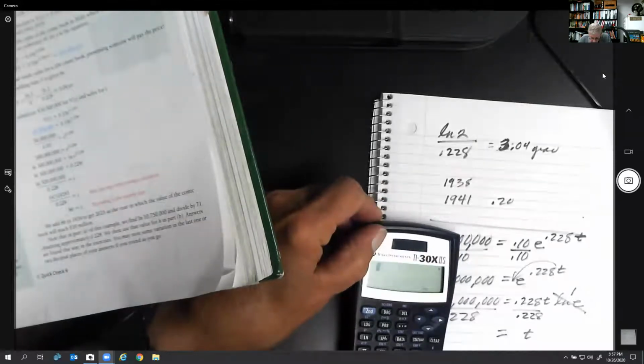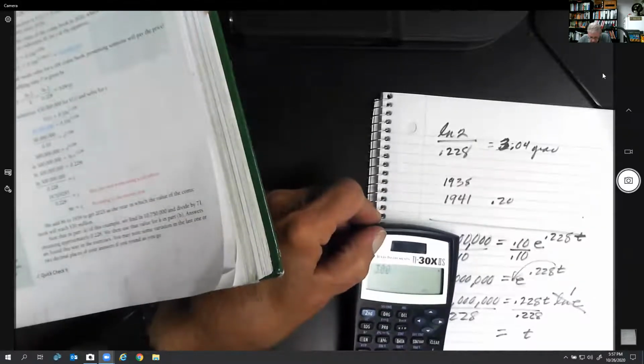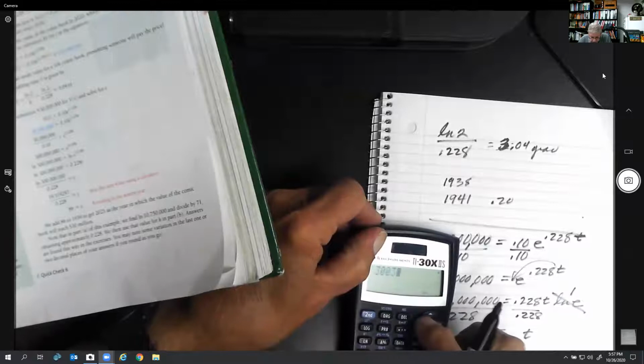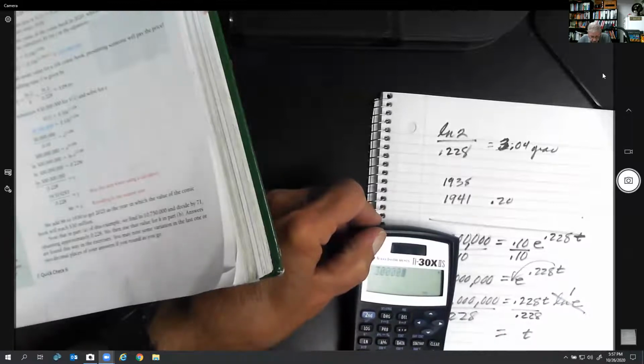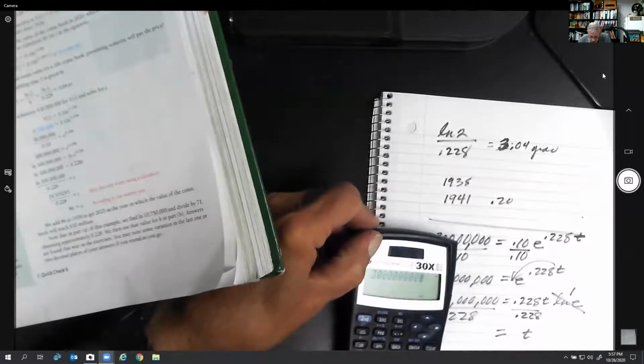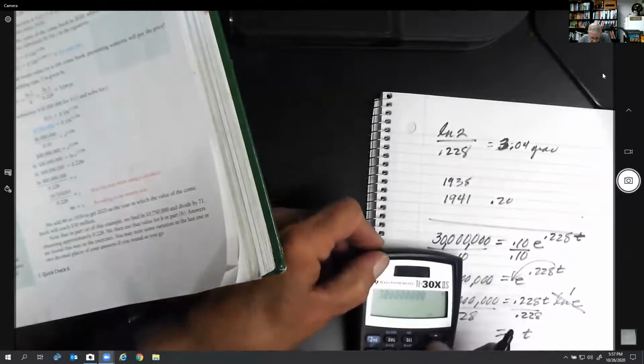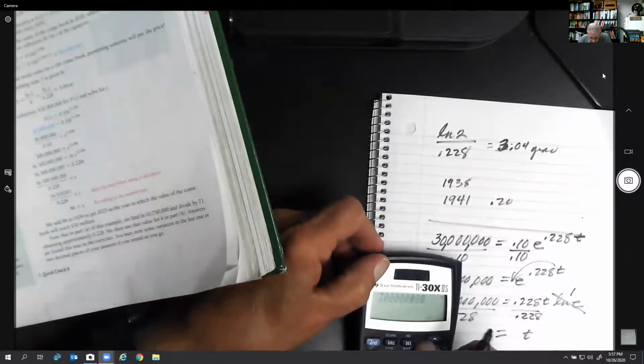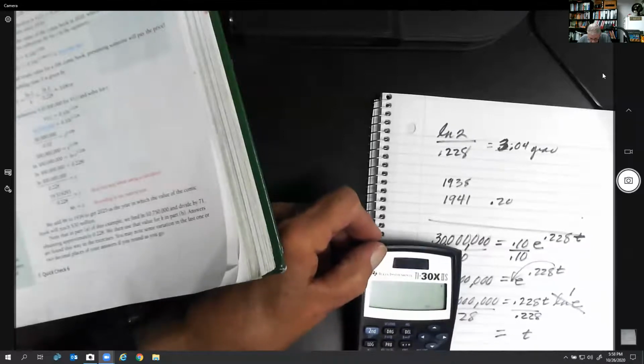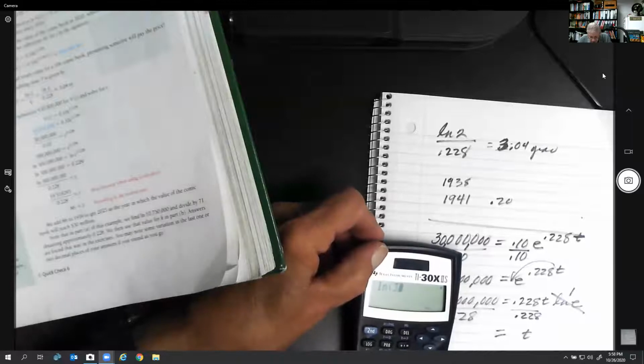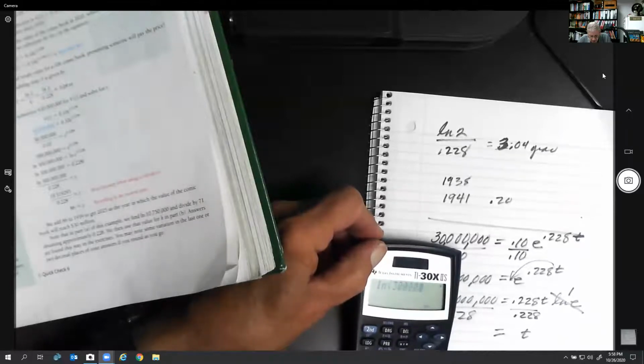So this is 300 million, 300,000,000, divided by 1. I need the ln of that. Let's erase it. ln of 300,000,000.